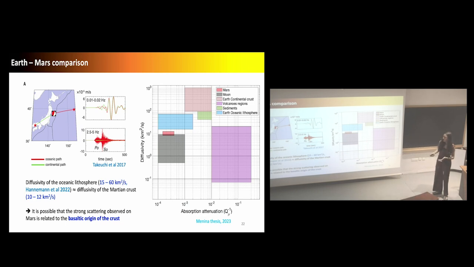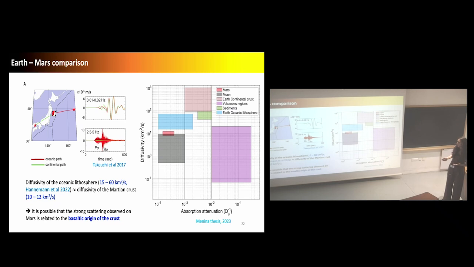So by doing some digging, we also found this article about the diffusivity in the oceanic lithosphere by Hinman of 2022, where they suggest that the diffusivity is between 15 and 60 kilometers squared per second. So the blue that you can observe here, the estimation, is very near to what we see on Mars.